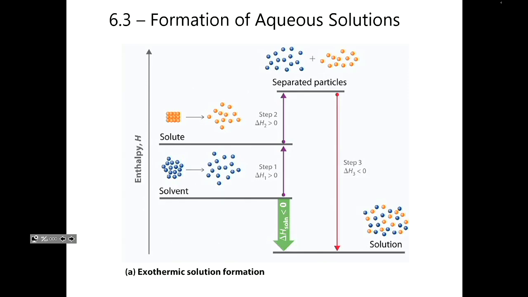Now you have the two particles that have theoretically been separated. When they come together, if the energy released when they come together surpasses the energy that was absorbed to separate them, then technically you have a net loss of energy towards the surroundings. That produces an exothermic solution formation process. And how do you detect that? In the laboratory, you did this already. It gets warm, right?